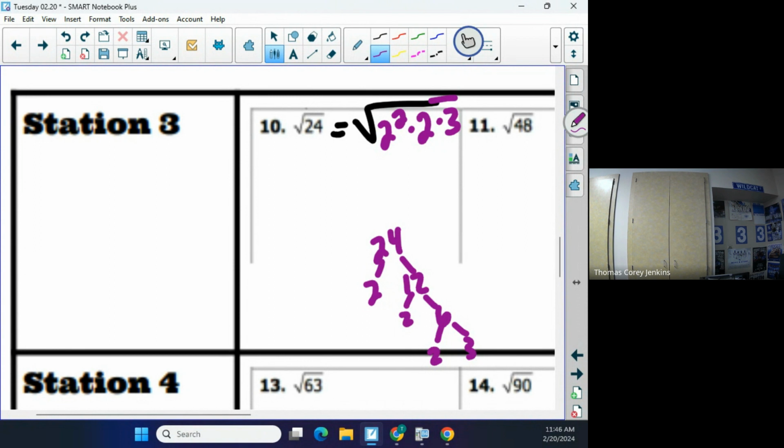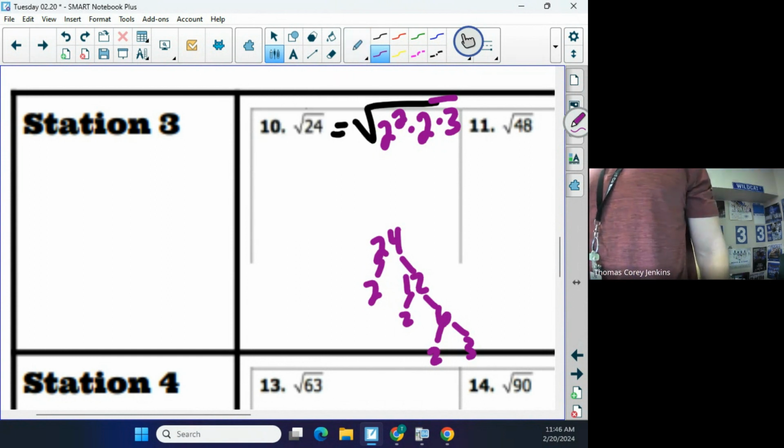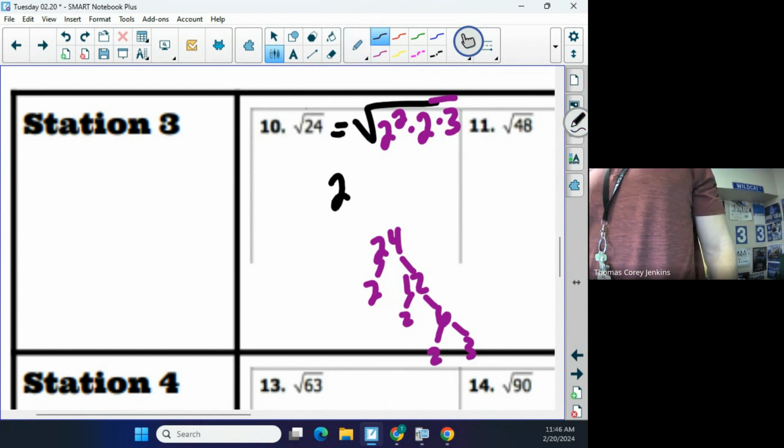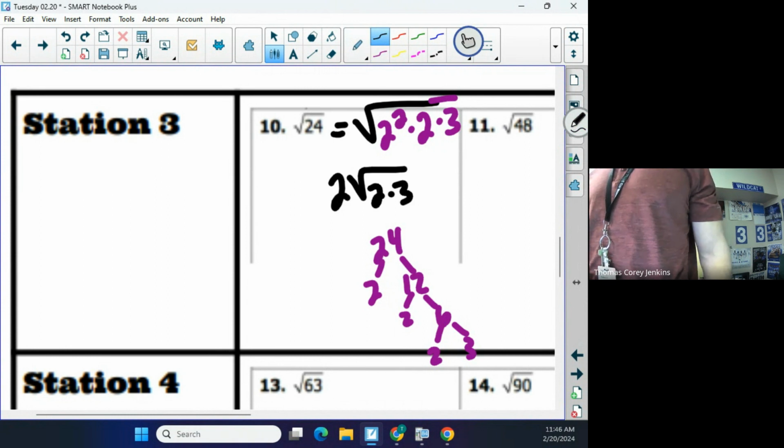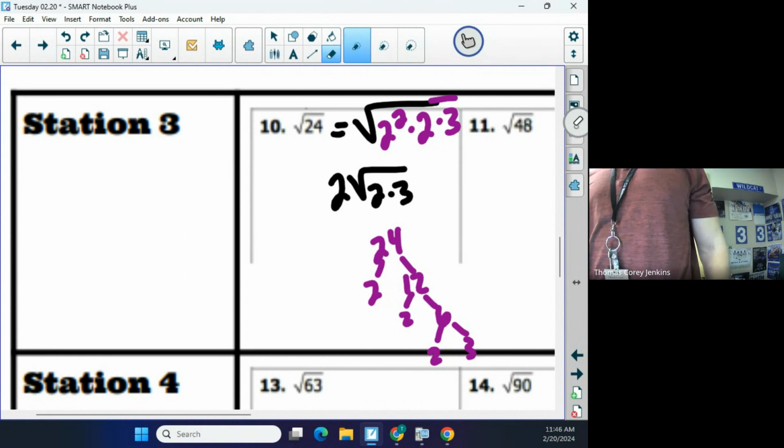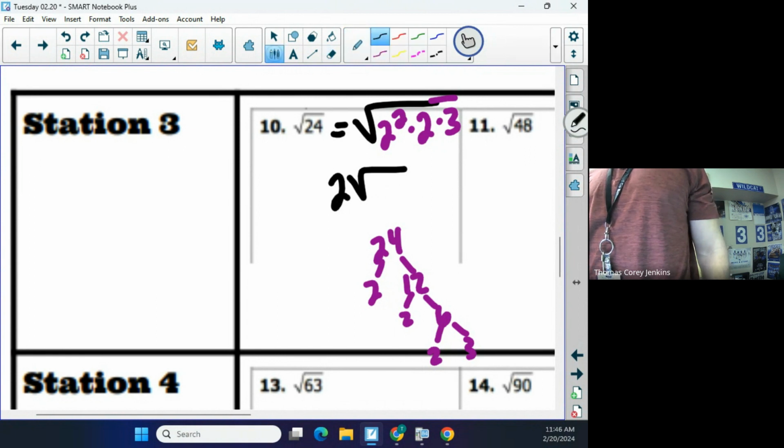Basically, it boils down to this. Anything that has an even exponent on it is a perfect square. So the square root of 2 squared is 2. So my final answer here would be 2 times the square root of 2 times 3. What's that simplified? 2 times 3. Anybody? 6. So 2 times the square root of 6, or 2 square root of 6.